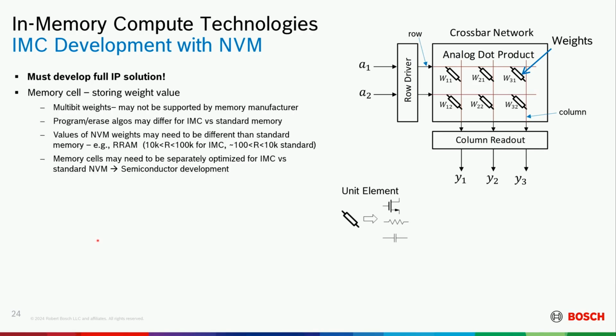For instance, the memory cell itself, if you want to store multi-bit weights in it, so you're really excited about it, and you've got a flash cell, and you want to put 8 bits in each flash cell, and you're going to drive the gate. Where are you going to get that flash? How are you going to do it? Who's going to program it for you? Who's going to come up with the algorithms to do that for you? That gets a bit challenging, right? So you end up either having to do it all yourself, or you don't.